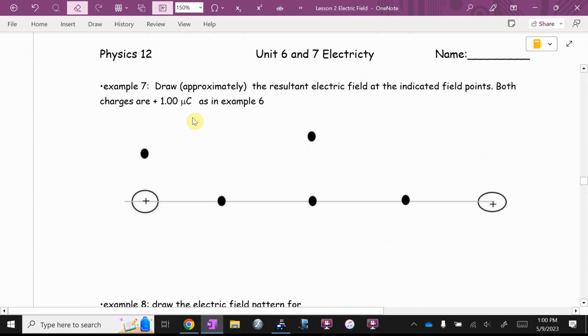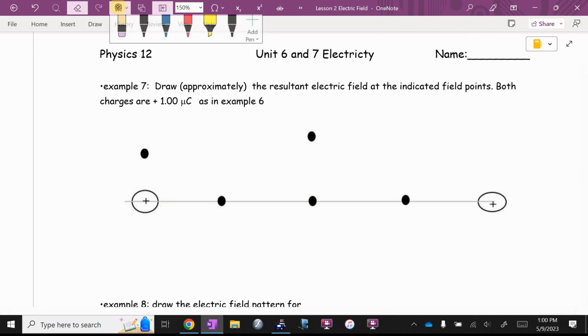Draw approximately the resultant electric field at the indicated field points. Assume both charges are positive 1 microcoulomb charges. They're both positive. I'm going to start right here in the middle. Which way would a positive want to move?